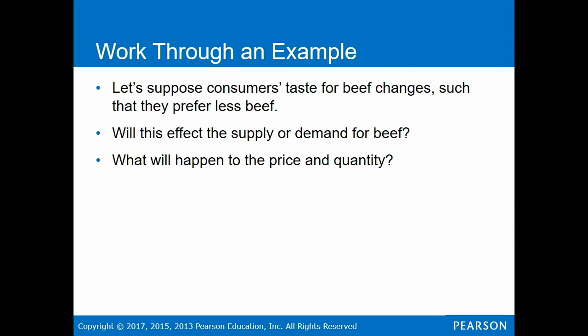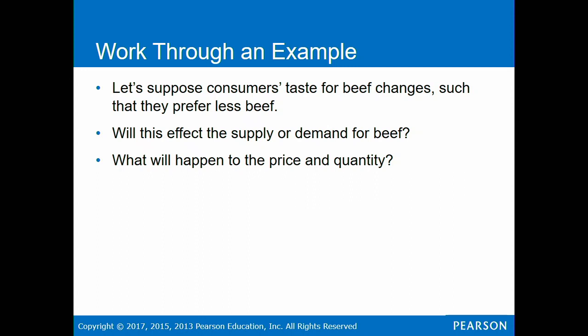Make sense? Besides being unrealistic that people do not like beef. So they also decrease the quantity supplied? That's right. Okay. Because now, at this lower price, they're not getting as much money back for each bit of beef they sell.